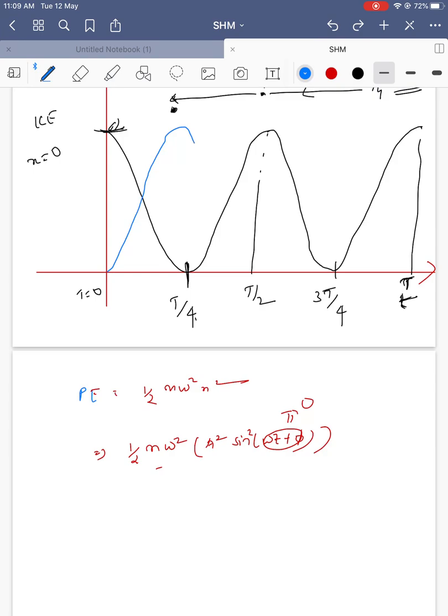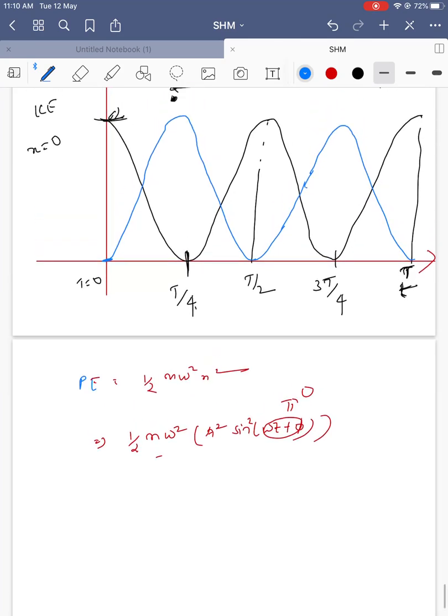See here, where the kinetic energy is maximum, there potential energy becomes minimum. Where potential energy becomes maximum, kinetic energy becomes minimum. See here. Okay, at t is equal to 0, this is potential energy, and the other one is kinetic energy.